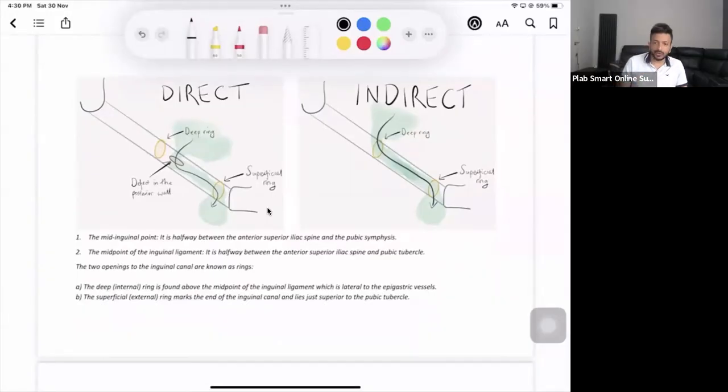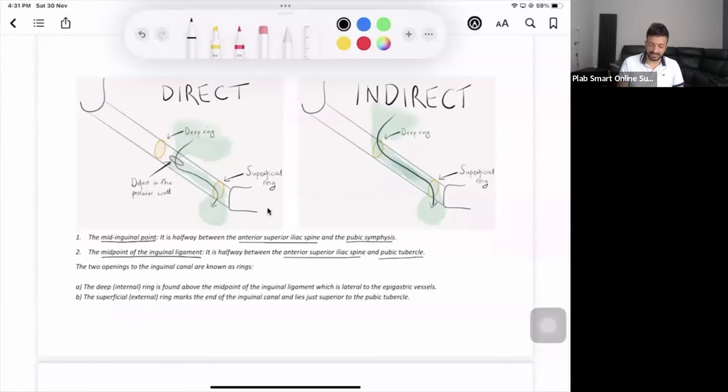All right, so first of all, we need to know these main points. What is the mid-inguinal point and what is the midpoint of the inguinal ligament? That's the main thing. The mid-inguinal point is halfway between ASIS and pubic symphysis, whereas the midpoint of the inguinal ligament is between ASIS and pubic tubercle.